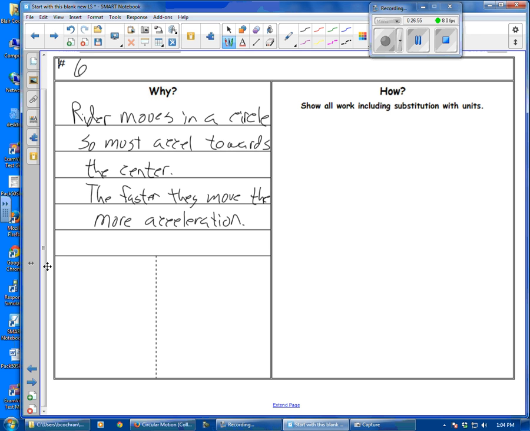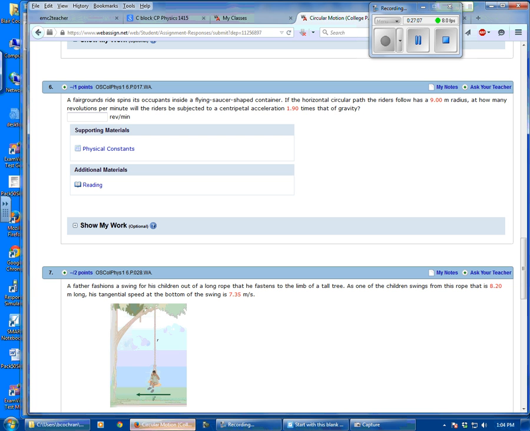I think that kind of brings it also back to this problem a little bit. So let's look at what they want us to look at. They want us to end up telling them how many revolutions per minute. So that's that rotational speed, like the one we did in the example problems.